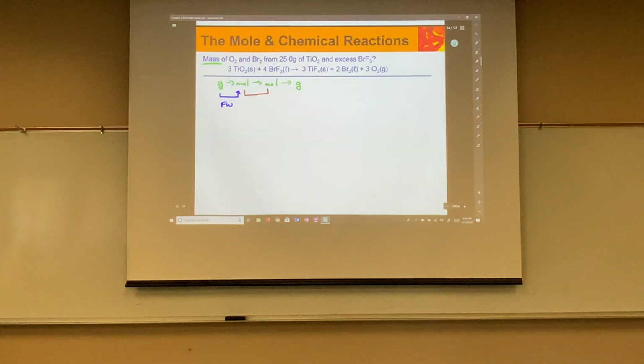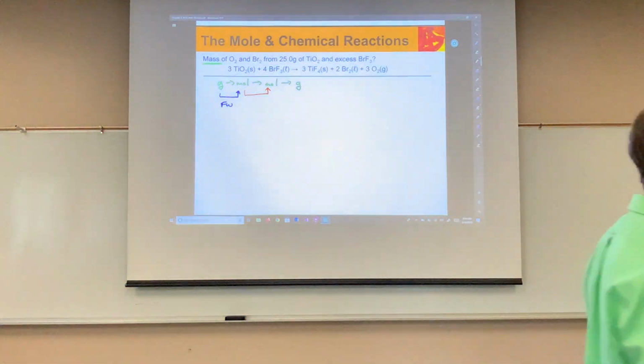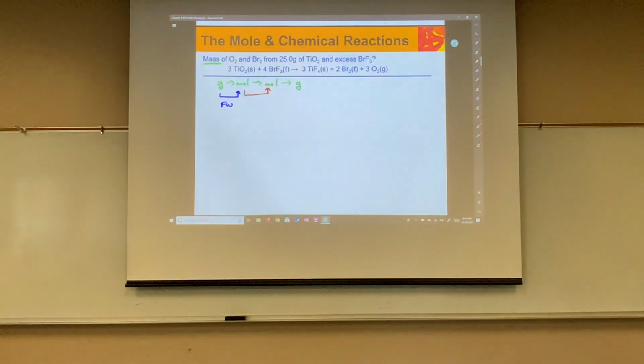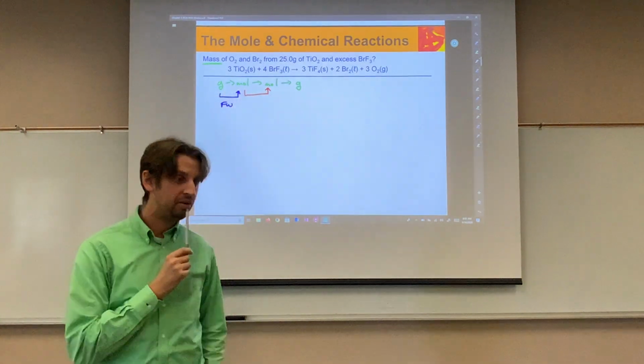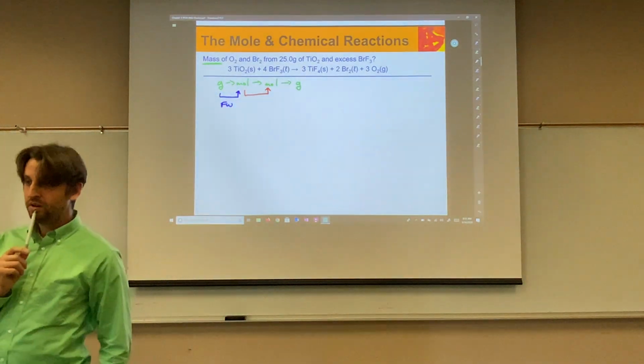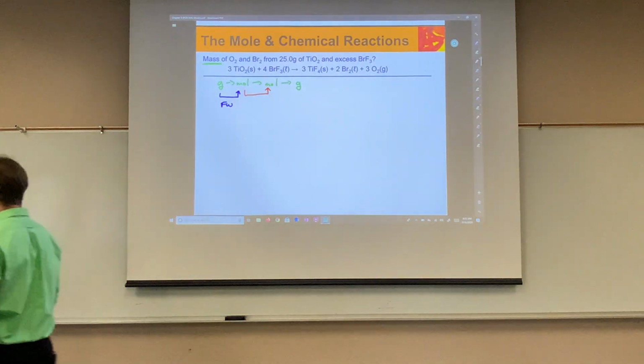How do we convert moles into moles? What important bit of information do we need to convert moles of one thing into moles of another? Moles of TiO2 into moles of O2, for example. What information do we need to do that? The coefficients. Our coefficients from our balanced chemical equation, right?